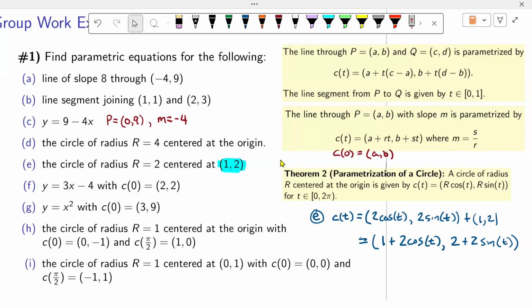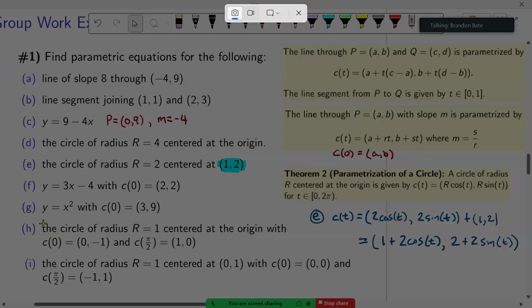Not a bad idea. You're probably like, Brandon, how am I supposed to do G? You never told me how to do it for parabolas. Sometimes I just want to see if people figure it out independently. Kind of like a little experiment, you know.